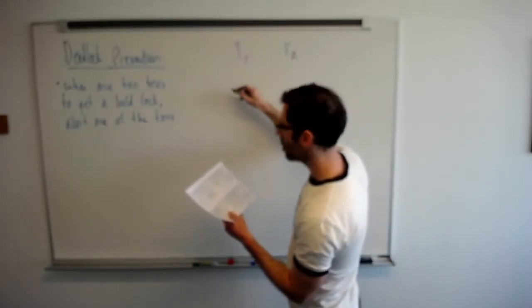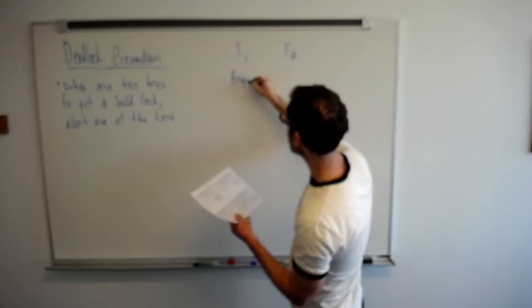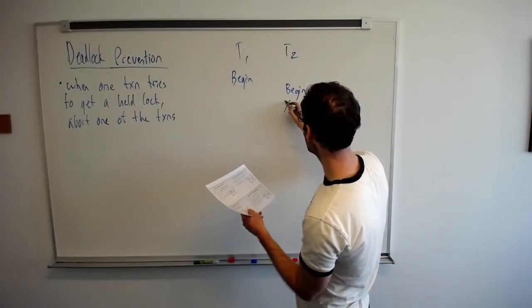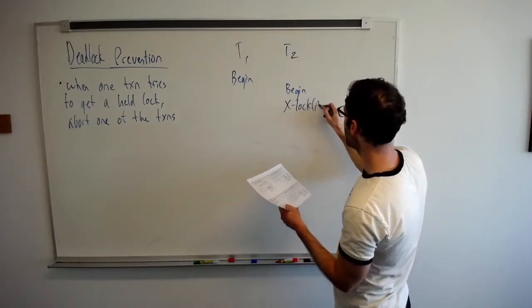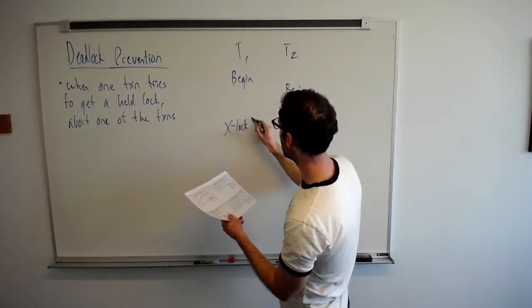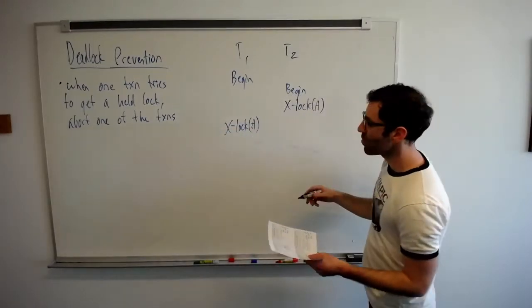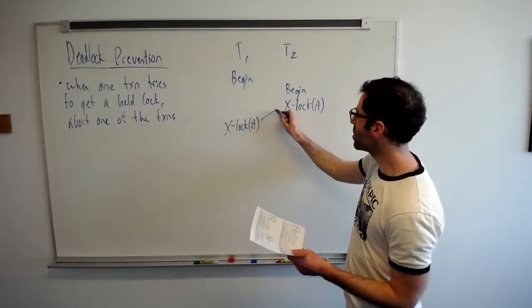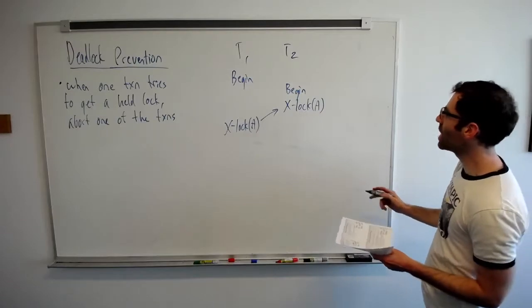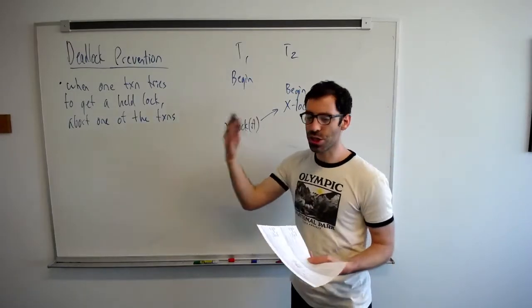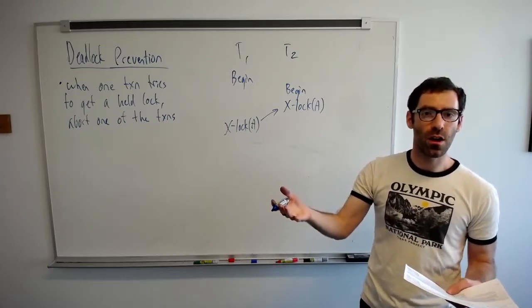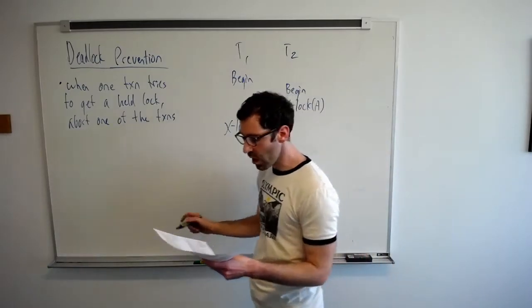T1 begins, T2 begins, T2 locks A, and T1 tries to lock A. So in this case, T1 is attempting to get a lock held by T2, and our different policies are going to be based on the priority of our transactions.